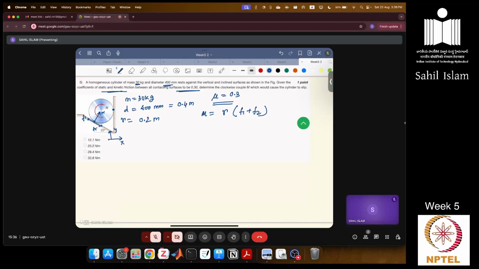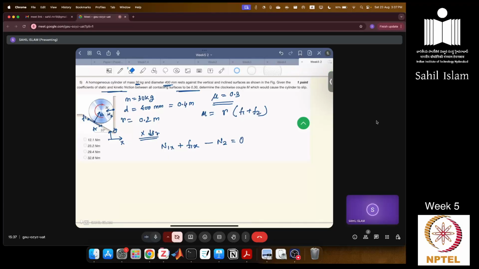So in x direction, the component of normal reaction, let's say the normal reaction is n1. So in x direction, what are the forces? The component of normal reaction plus the component of friction force minus the normal reaction n2, like this. Let's say this is n1 and this is n2.